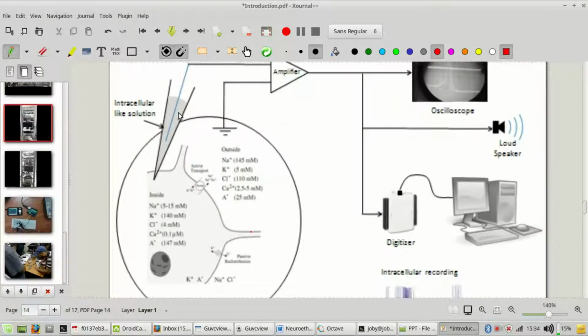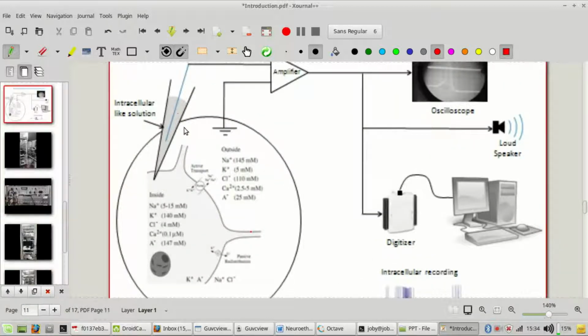Here is a conductor. Here is a conductor inside the container in which the symbolic neuron is there. So this conductor and this conductor can form a capacitor, right? Here it's connected to this silver chloride wire, and this is connected to this silver chloride wire through the saline.